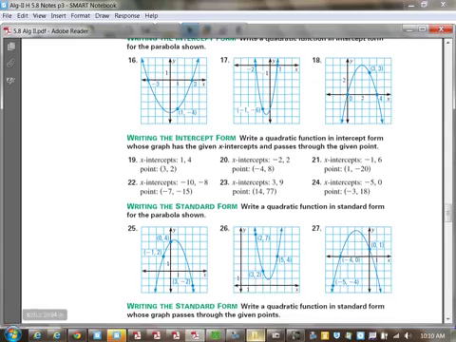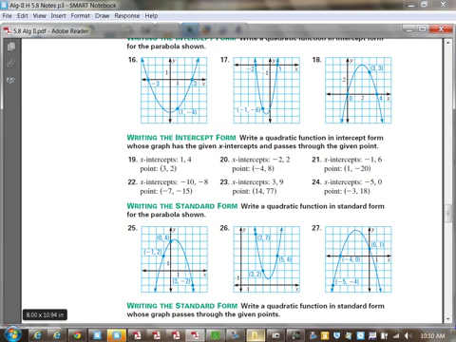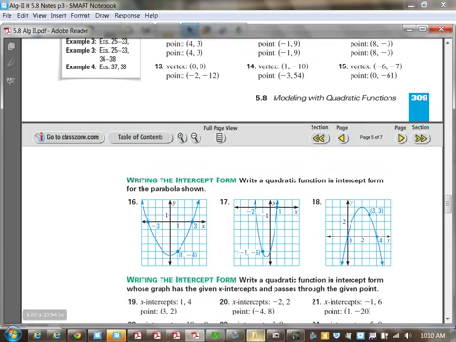It's better than before. Remember, if you had to do a problem like these, you guys did really well on this.